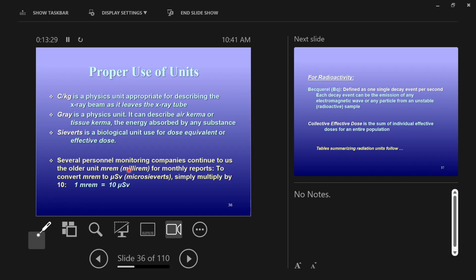And it's not a one-to-one relationship here. So the way to do this is to convert from millirem into the familiar unit of microsieverts, or just sieverts. To convert from one system of measure to the other, multiply by 10. So whatever the number is in millirem, multiply that by 10, and that will be your number in microsieverts.